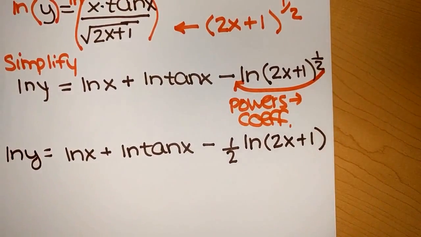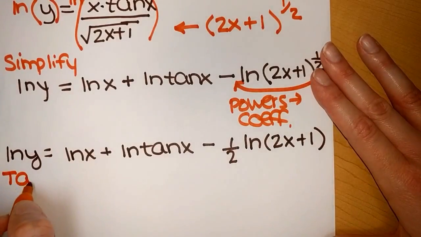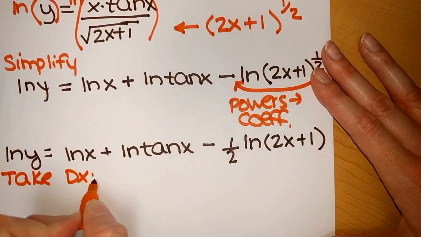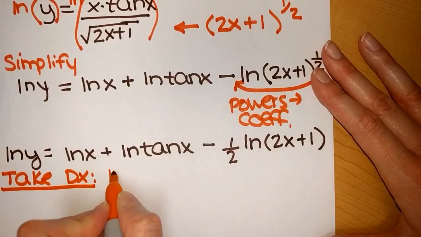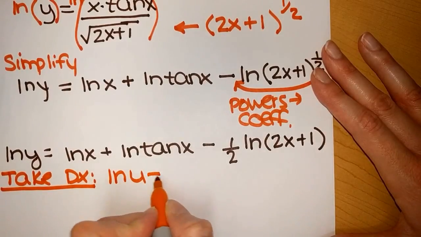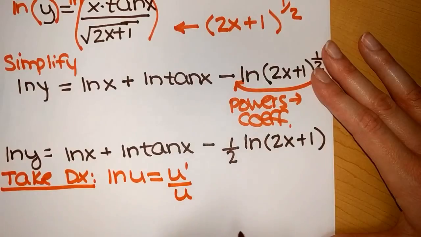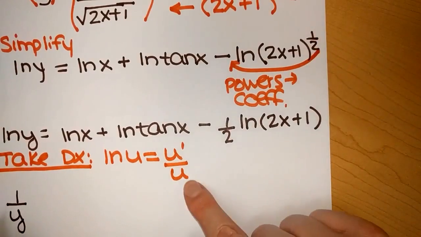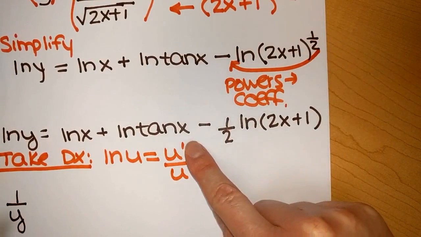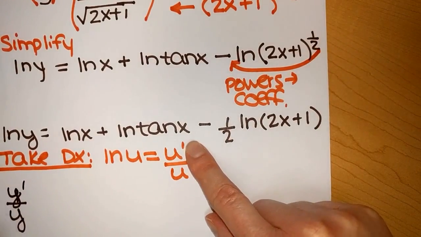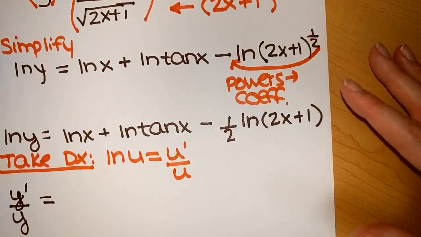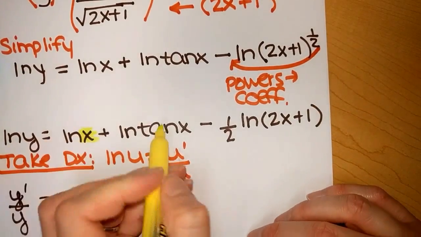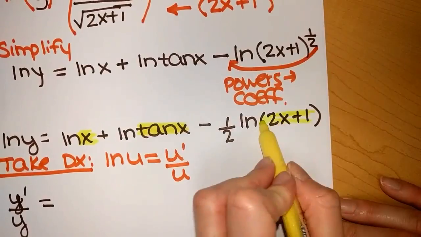Now, at that point, I have used all my properties, so I'm now ready to take the derivative. And to take the derivative, I'm basically going to be using the fact that the derivative of the natural log of some argument is u prime over u. So here I have the natural log of y, and so that's going to become y in the denominator, and the derivative of y is y prime, equals, and then here my arguments are x, tangent x, and 2x plus 1.